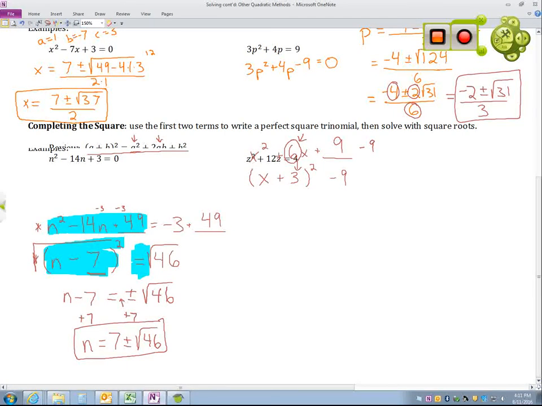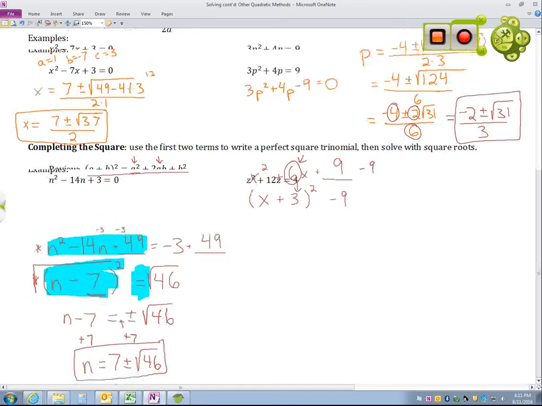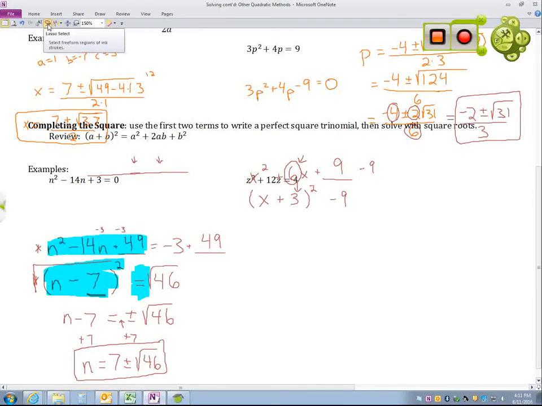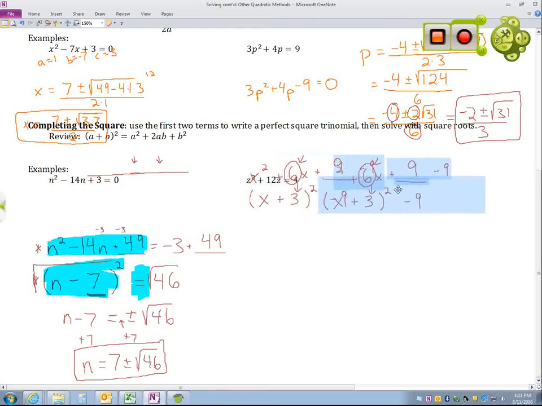One more. Oh, hold on, everything shifted. Let me move that. Sometimes when I slide up and down on the screen, it moves things. So let me see if I can clean that up.